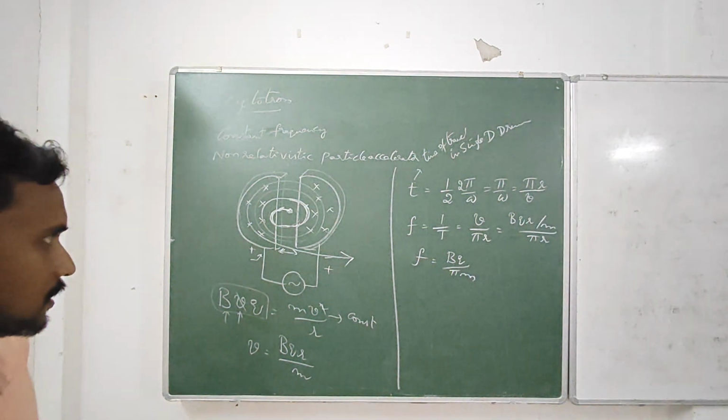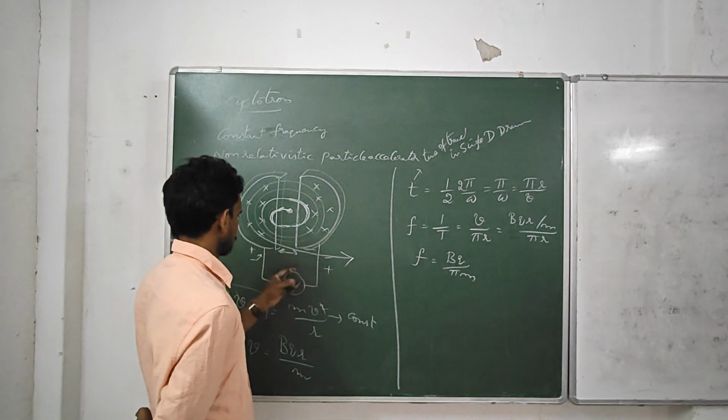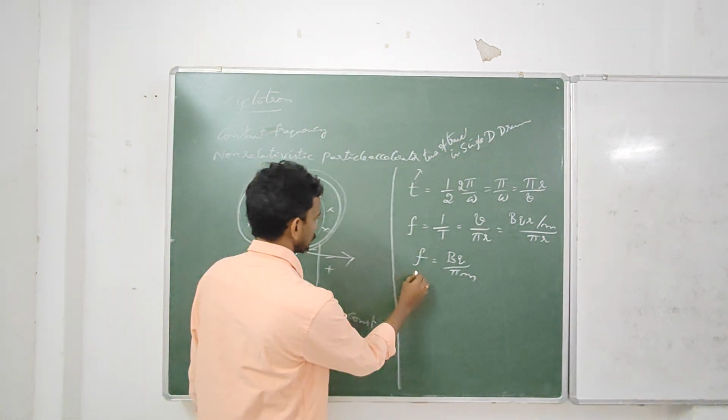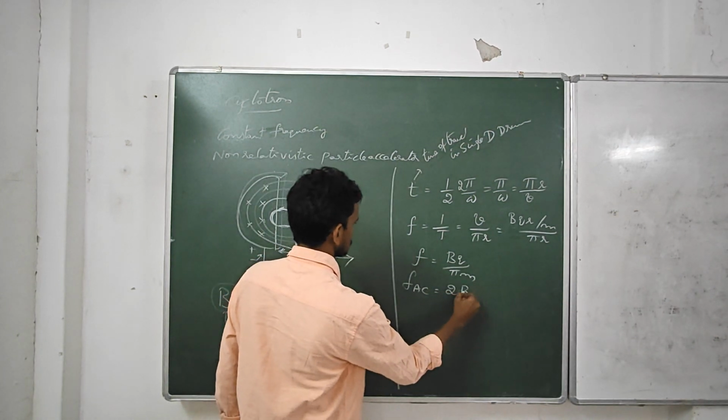So that is the frequency of oscillations. I mean, if you take double to that, the frequency of the AC field must be twice of this.